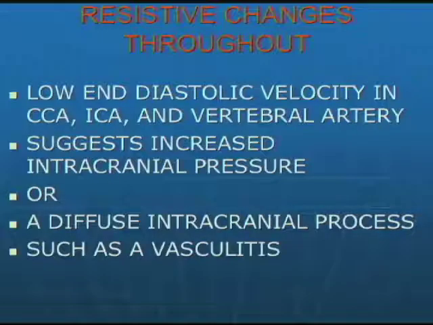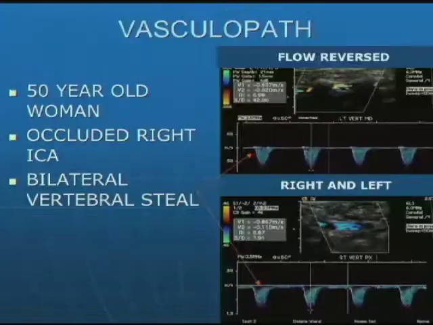And that would indicate, when you have resistive changes throughout, either low end diastolic velocity in the CCA, ICA, and vertebral arteries, suggesting increased intracranial pressure, or a diffuse intracranial process, such as a vasculitis. So keep that in mind. On the other hand, if you had elevated diastolic flow, really high diastolic flow throughout, that would indicate something like maybe an AVM in the head.